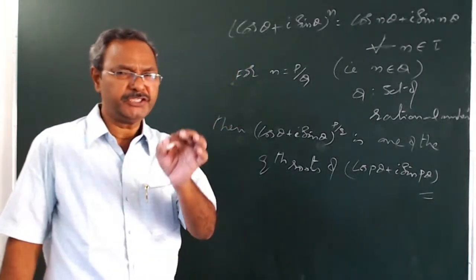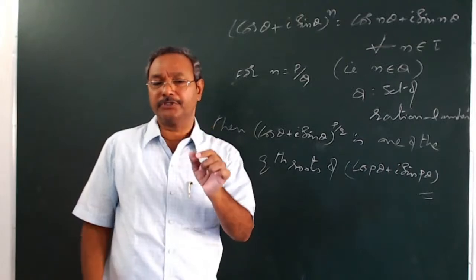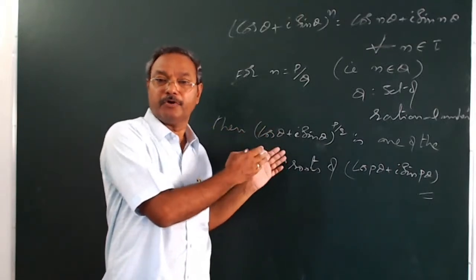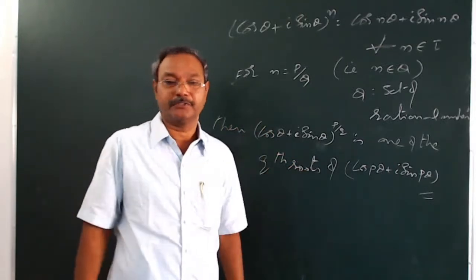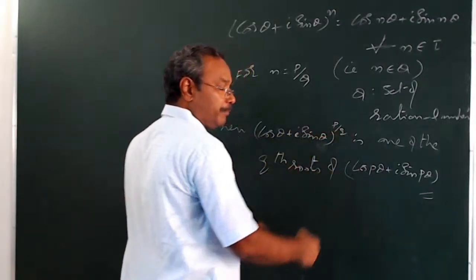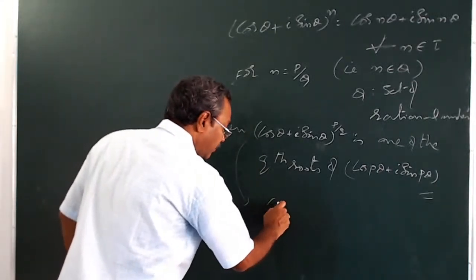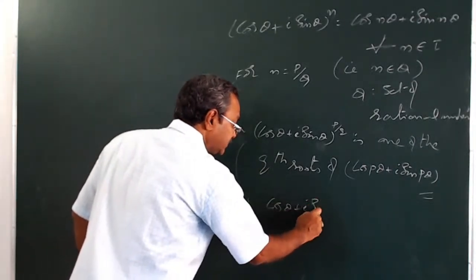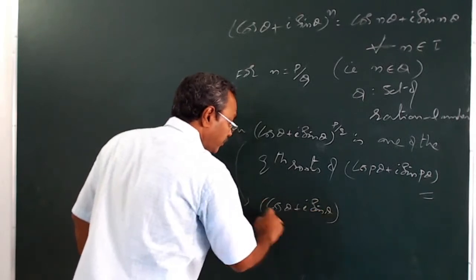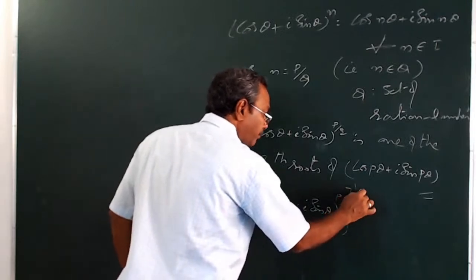It is pretty easy to understand. Think about this concept in simple terms. Look, cos theta plus i sin theta whole to the power of p by q. You can look at it this way: cos theta plus i sin theta whole to the power of p, whole to the power of 1 by q.